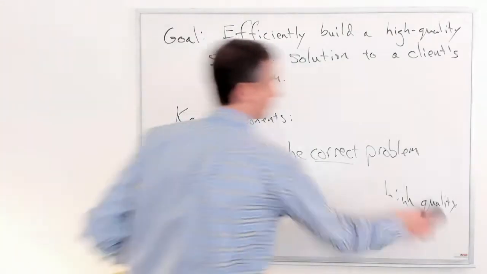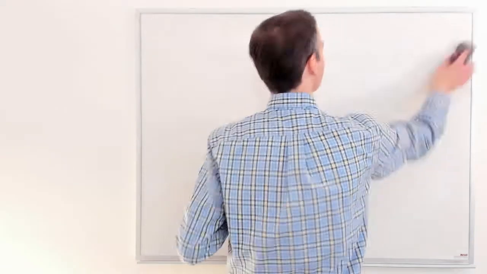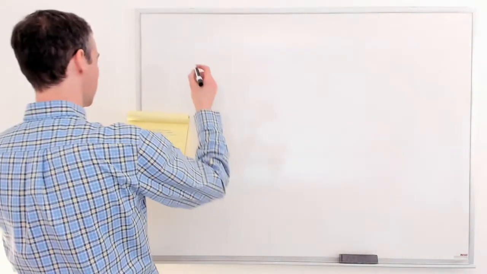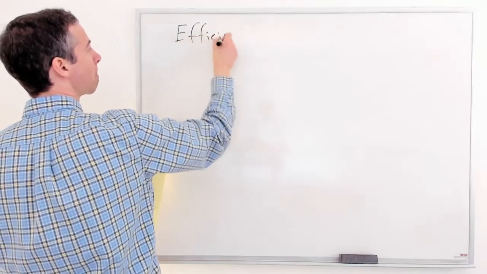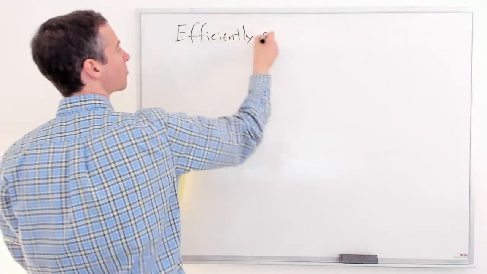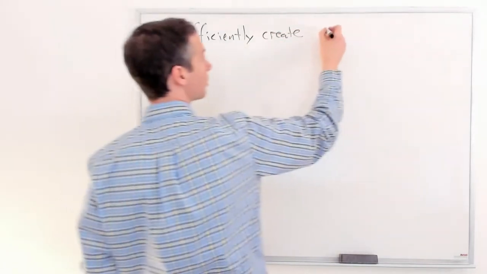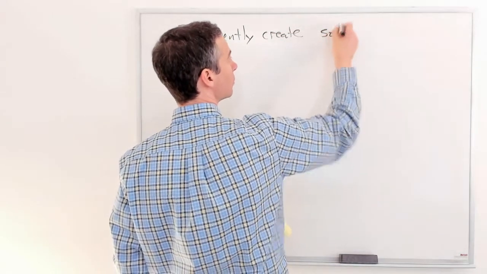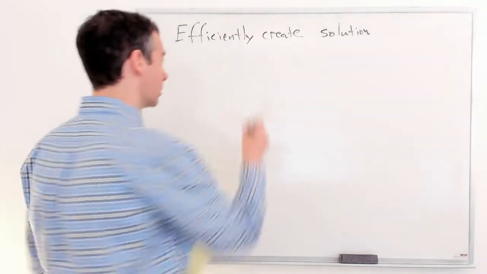Now, since this is going to come later, let me give you a little overview of what I actually mean by this. So, this is the efficiently create part. In this, we really break it down into two things.